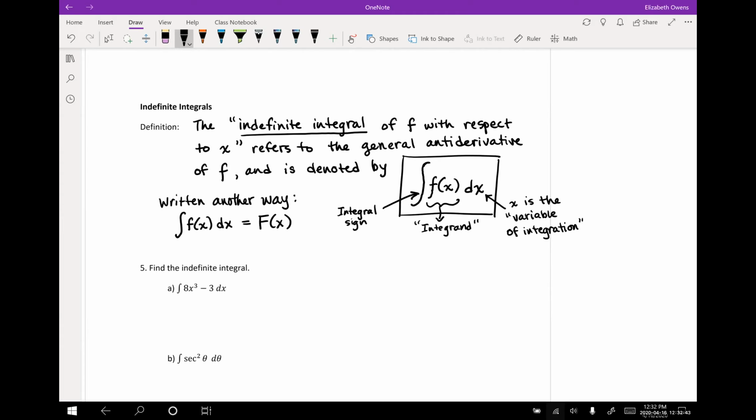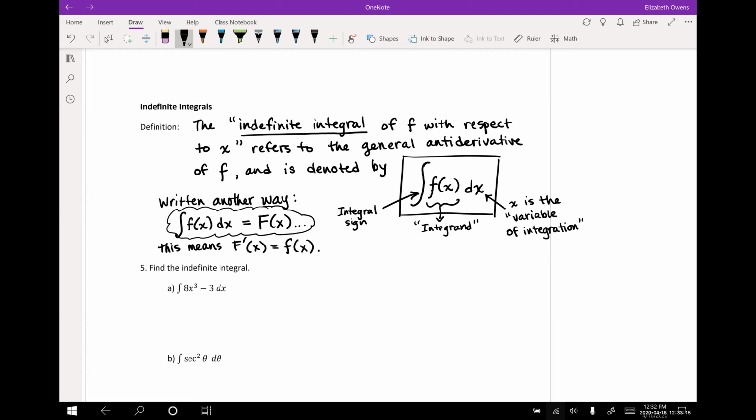So this means big F prime of x equals little f of x. Okay, so that's another idea right here. The general antiderivative, capital F of x, that's just what we're talking about with this new notation, with the integral sign.